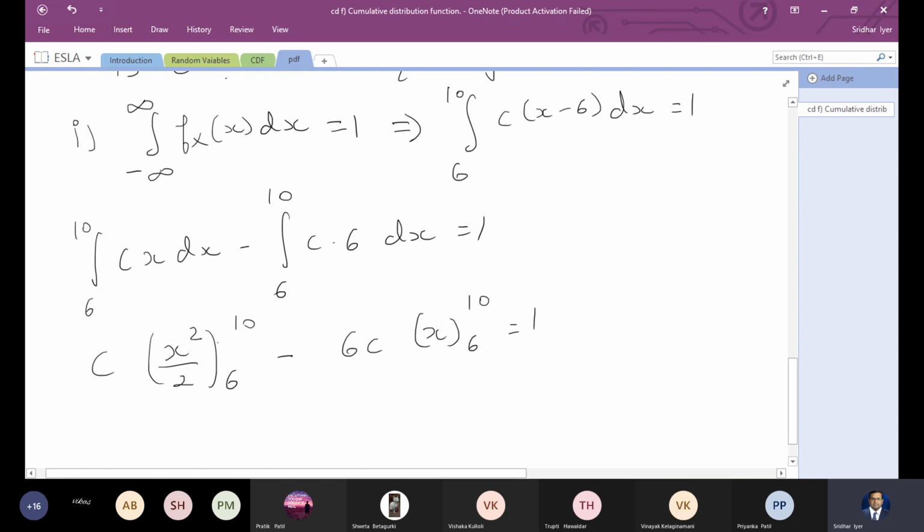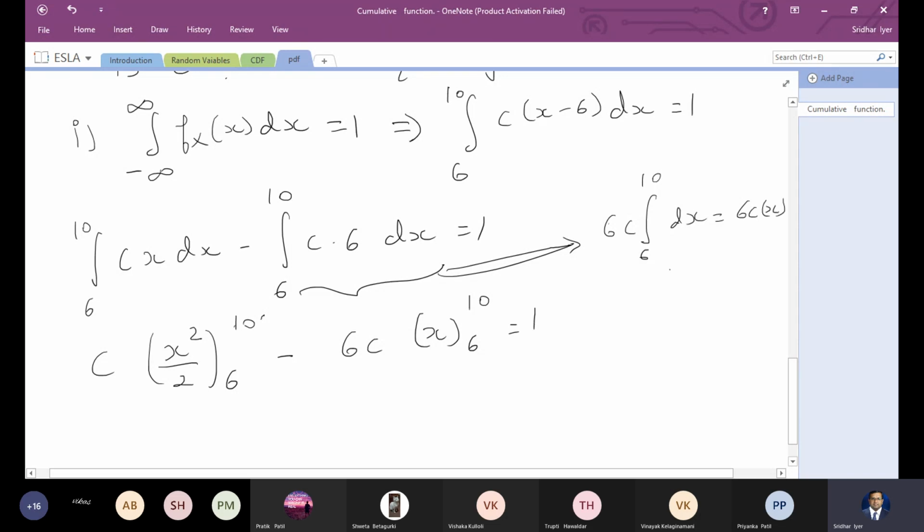If I take just this term here and write it here, this term will be c into 6, which is a constant, so I'm going to take c into 6 outside. It will be an integral 6 to 10 dx, right? So the integral of that will just turn out to be 6 into c into x, right?